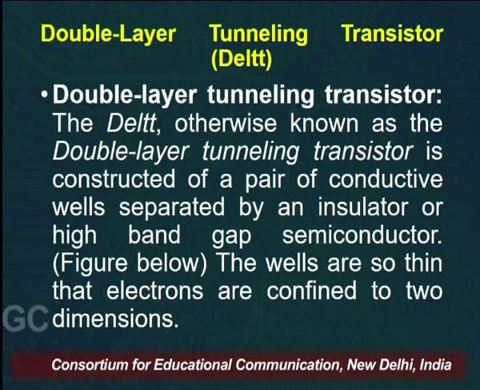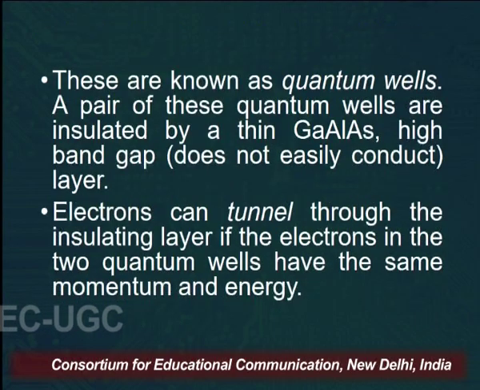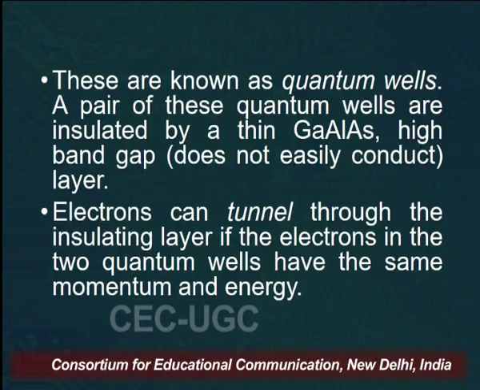We can see in the figure that it is constructed by a pair of conductive wells that are separated by an insulator or high band gap semiconductors. These wells are so thin that electrons are confined to two dimensions. So, these are known as quantum wells.